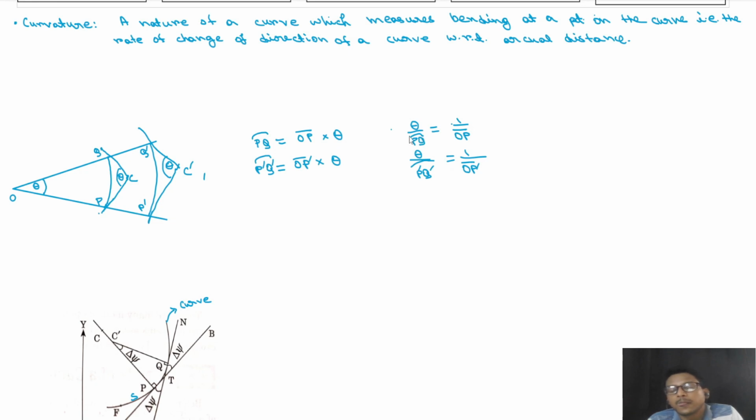That means there is an inverse relation between the curvature of a curve and the radius of the circle of which a part is the curve.